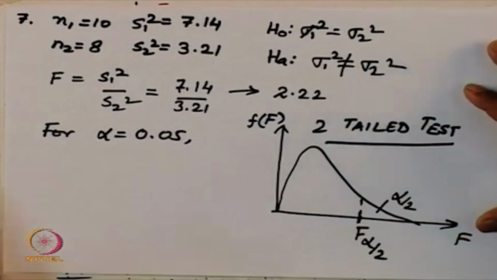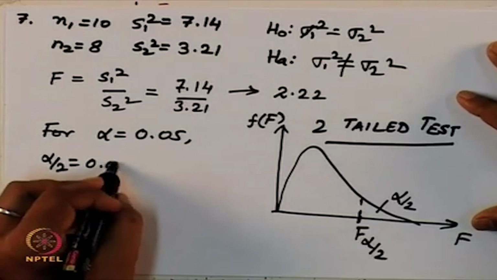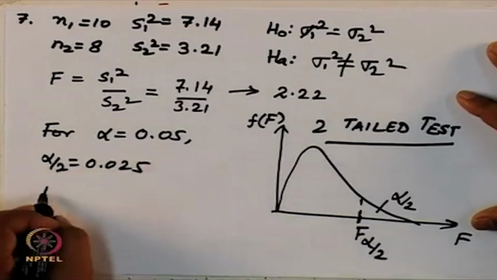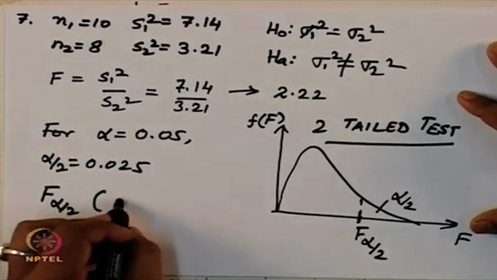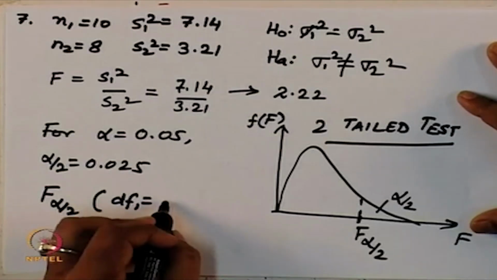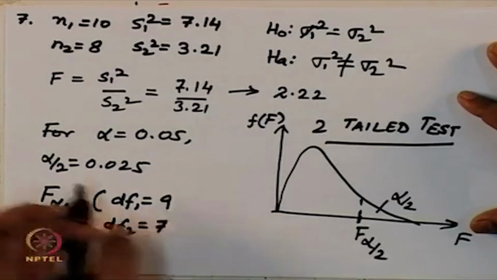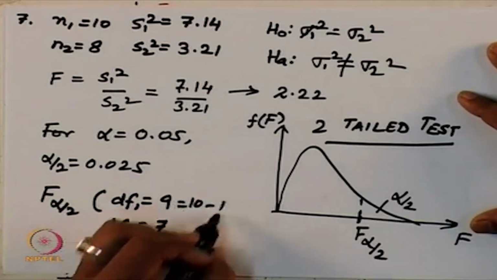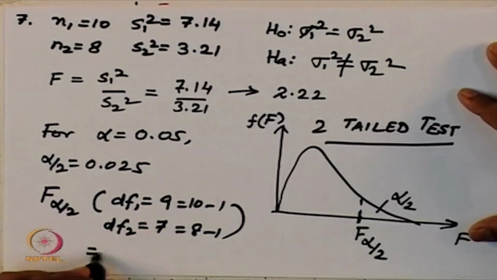So, for alpha by 2, in this case alpha by 2 is equal to 0.025, you will look up the value of f of alpha by 2 corresponding to df1 equal to 9 and df2 equal to 7. 9 is 10 minus 1, and this is 8 minus 1. So, this f of alpha by 2 is 4.82.